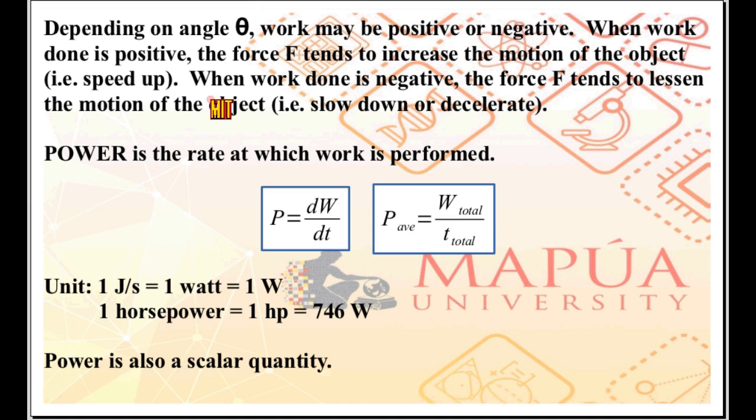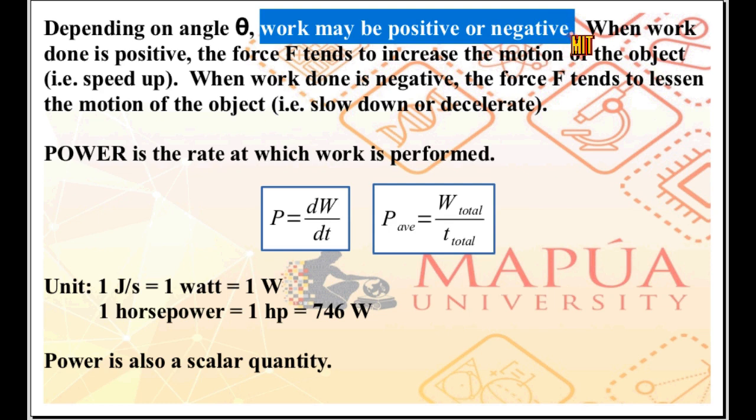Now, cosine theta, from trigonometry, we know that cosine theta may be positive or negative. That means, depending on the angle theta, the work done by a force may be positive or it may be negative. What does it mean for work to be positive and for work to be negative? When work done by a force is positive, that force F tends to increase the motion of the object.